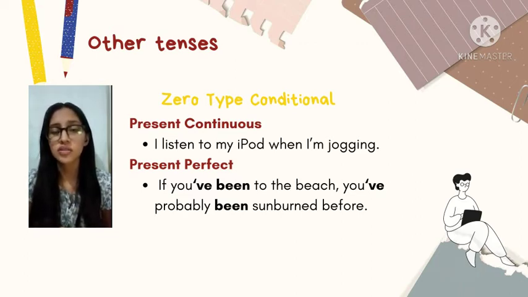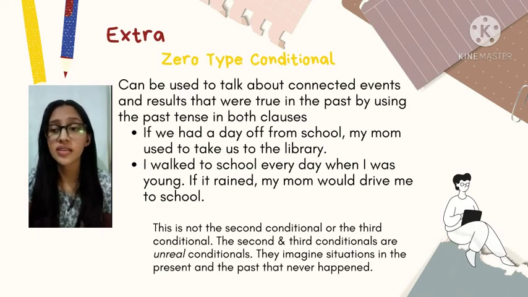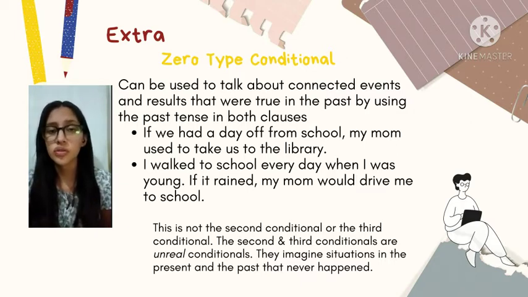Now I just want to add some extra information of a function that is possible in the zero type conditional, but it is rarely used. The zero type conditional can be used to talk about past habits and past routines. This is possible by writing down the two clauses in the past tense.